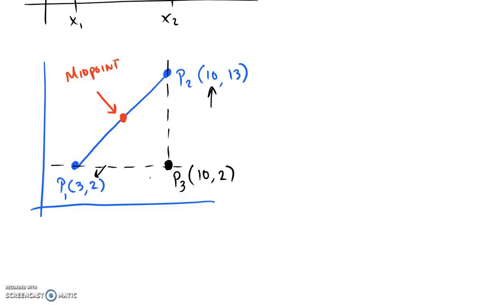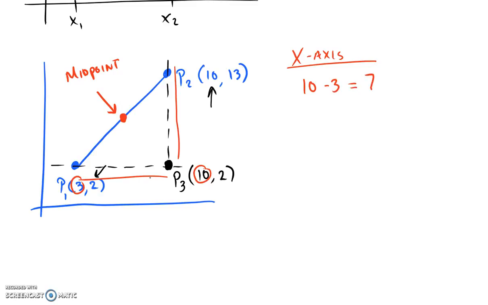Okay, so let's go ahead and find the length of our y and our x axis. So our x-axis would simply be our 10 and our 3 value, right? We're going to subtract those two. 10 minus 3 will give us 7.